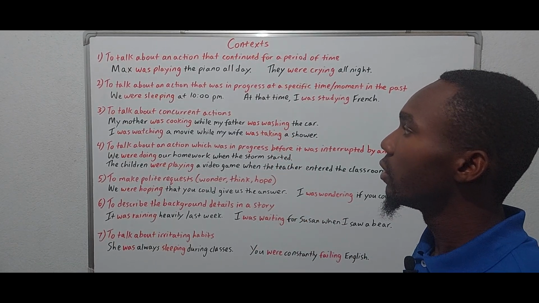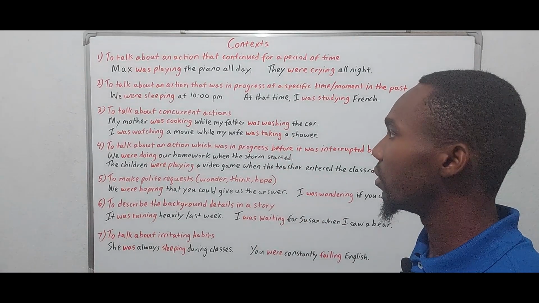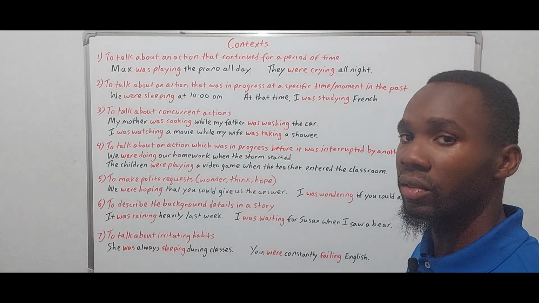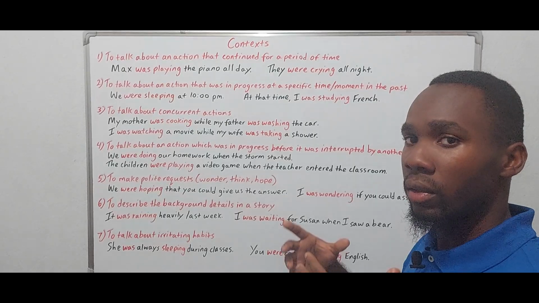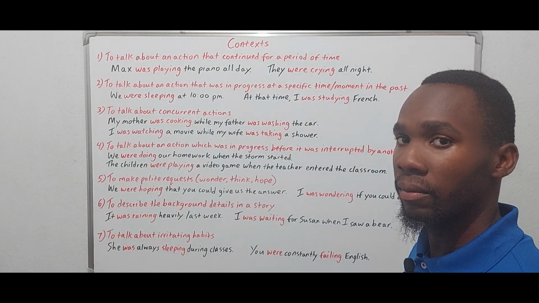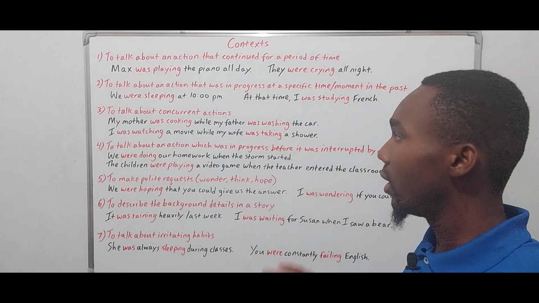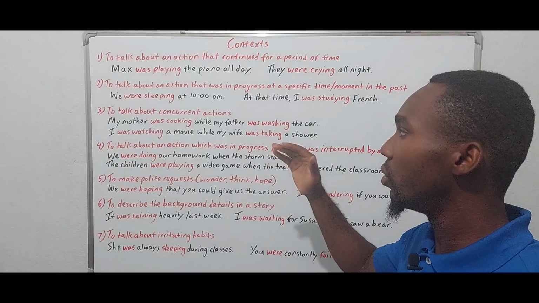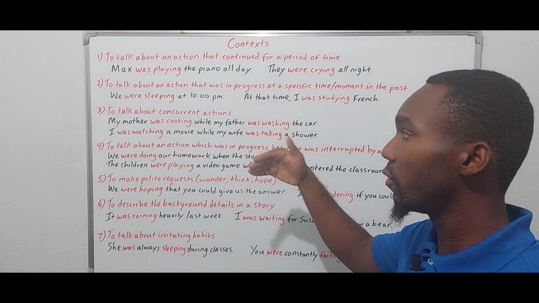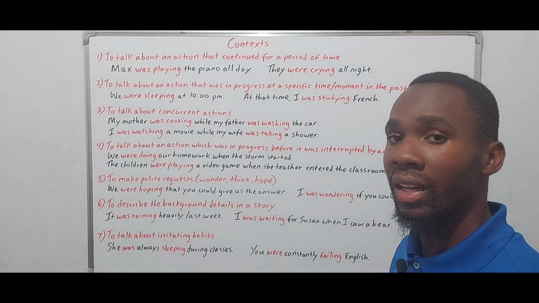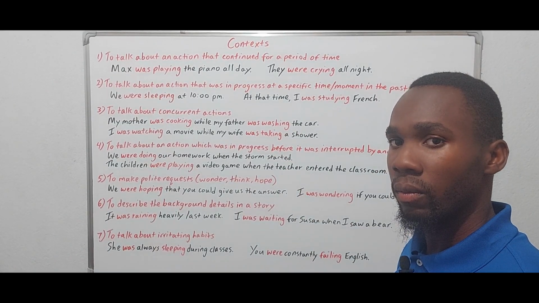3. To talk about concurrent actions. And if you do not know what concurrent means, it means simultaneous, or actions that are happening at the same time. Actions that are happening at the same time. When we utilize the past continuous for this particular purpose, we're going to use words like while, right?